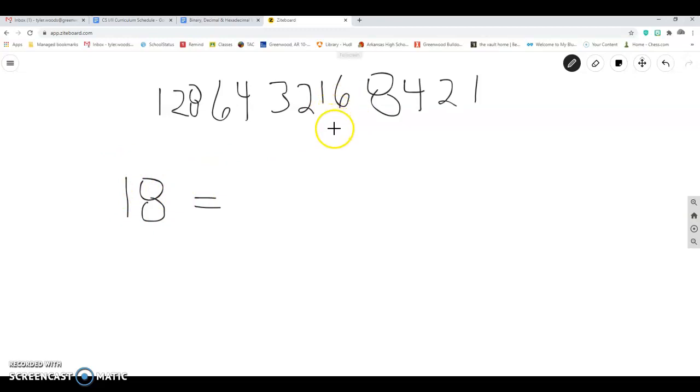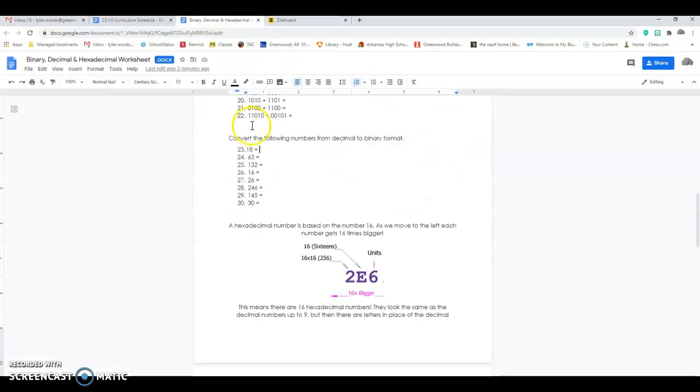So 16 is the largest number under 18. So I'm going to give it a 1. The next number, from 16 to get to 18, I need a 2. And the only other thing I do is draw zeros under the numbers that I did not use. So this one's easy. The binary number for 18 is 10010. Okay? So that's when I would put 10010.